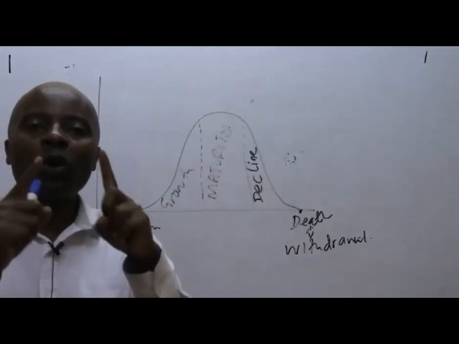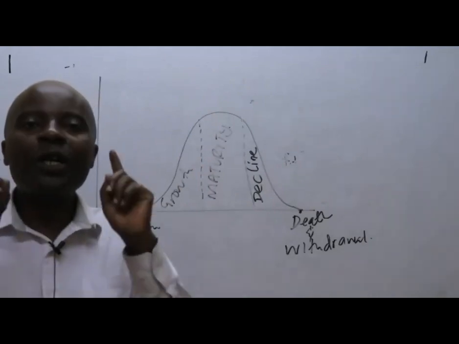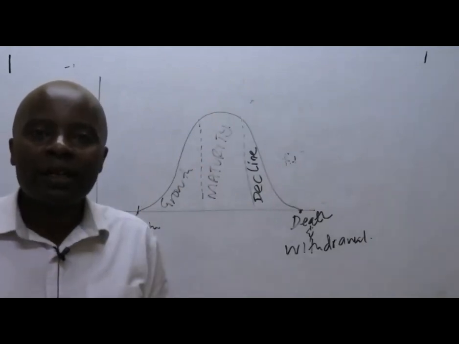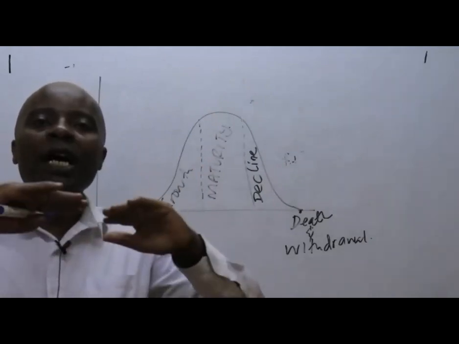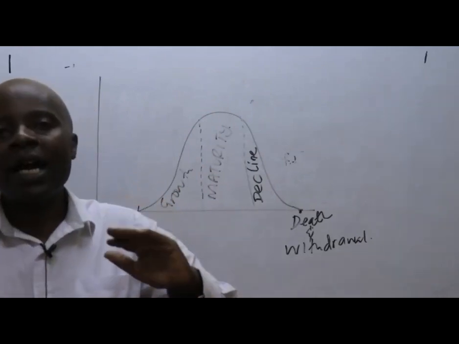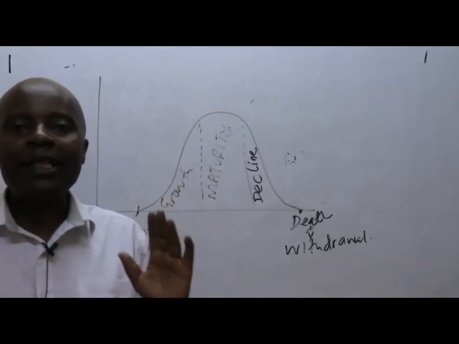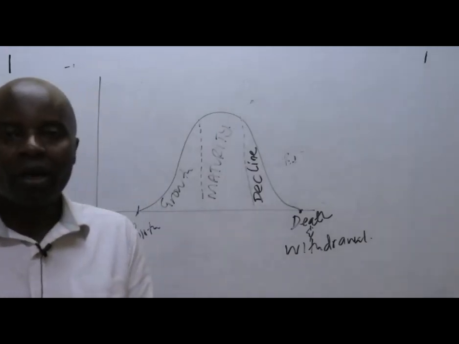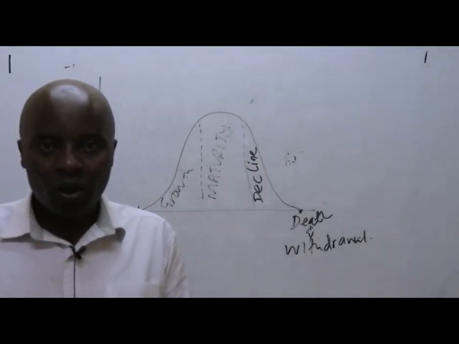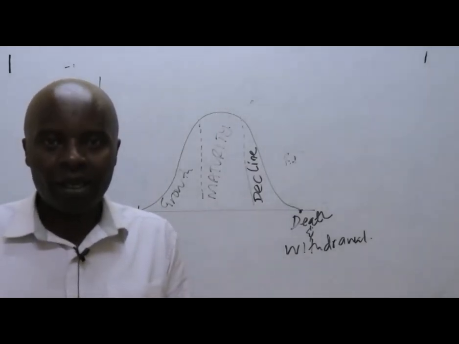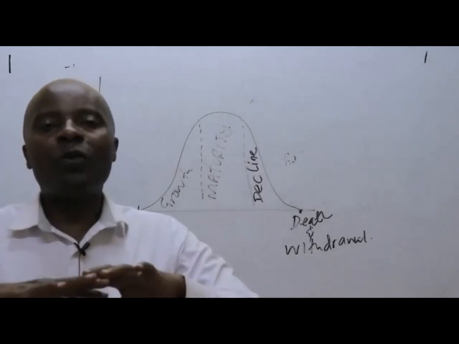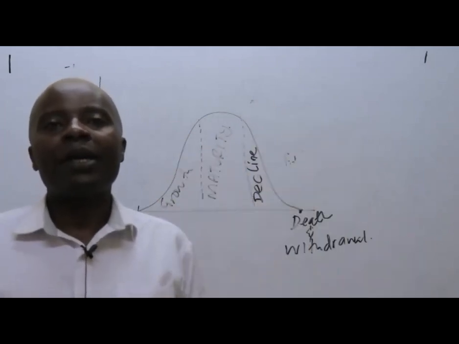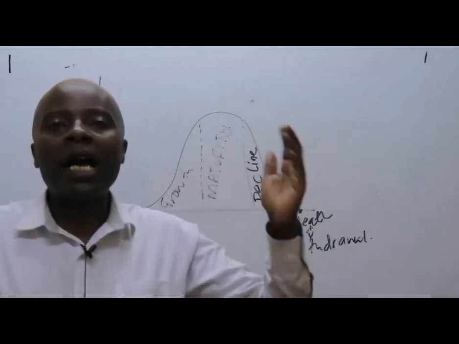So we do cost tracking, we do revenue tracking of a product over its entire lifetime. So whenever they talk of life cycle costing, remember cost and revenue tracking of a product over its lifetime or life cycle.